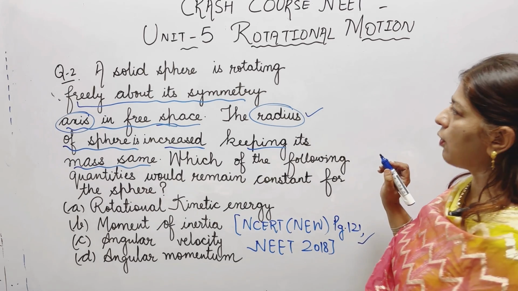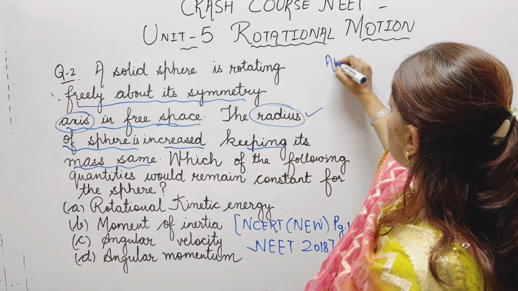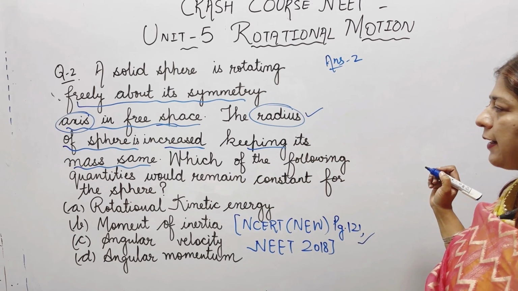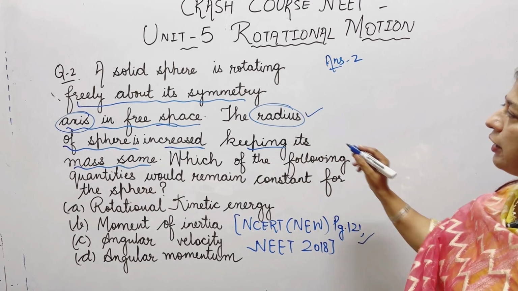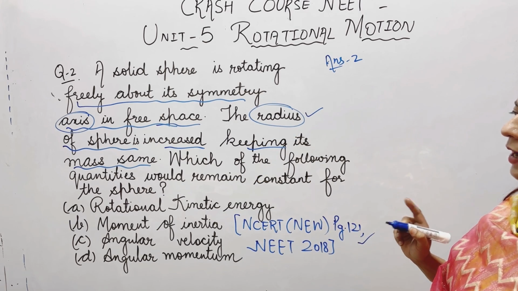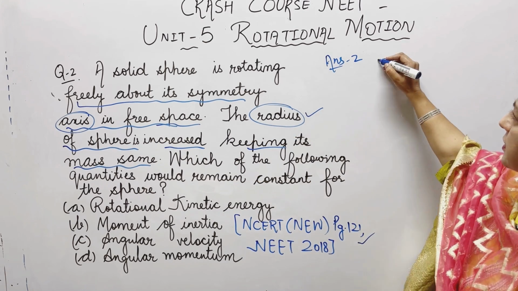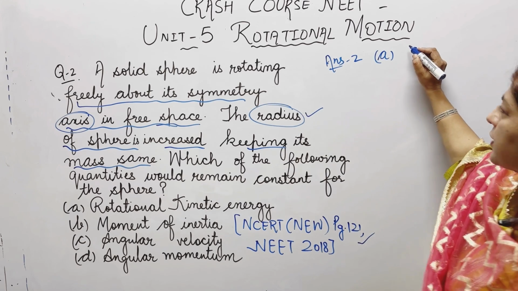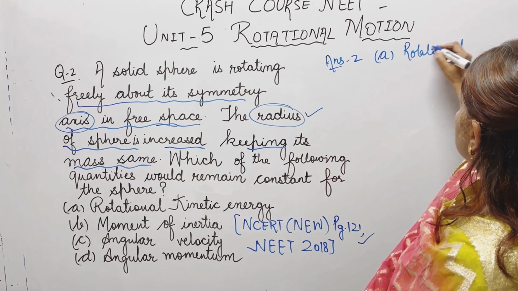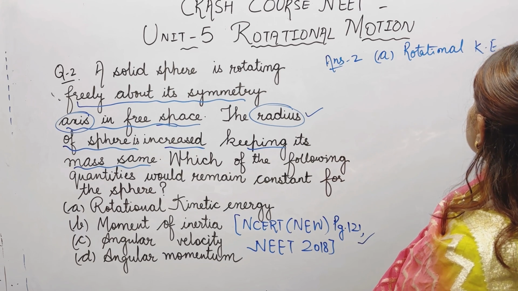So if we look at the options one by one, we can see which are the things that are going to remain constant and the things that will change. If the radius of the sphere is increased but mass is kept constant. So in option A, the first one is rotational kinetic energy.